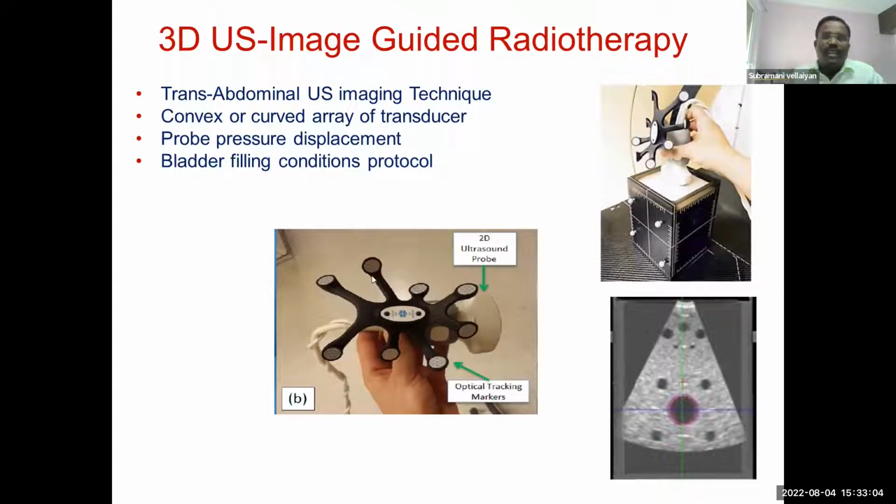The position of the reflector is captured by the infrared camera, which is fixed to the ceiling of the treatment room or the simulator room. So before starting, you need to characterize how the probe coordinates, room coordinates, and image coordinates are brought to the same position.